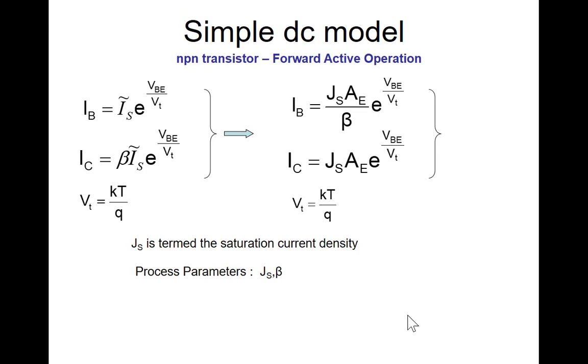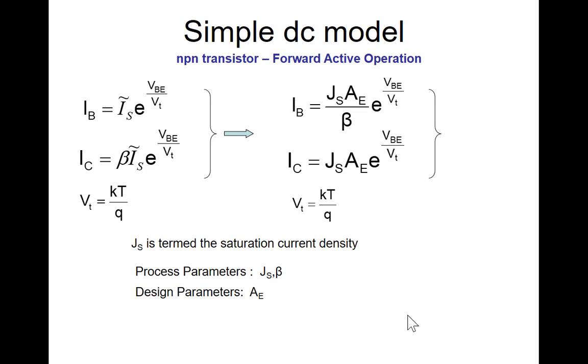So we have three process parameters for the MOS process, and two process parameters here. The MOS transistor has one geometric parameter, W over L. The bipolar transistor has one geometric parameter. What is it? AE, the area of the emitter. Not the area of the base, not the area of the collector. The area of the emitter.